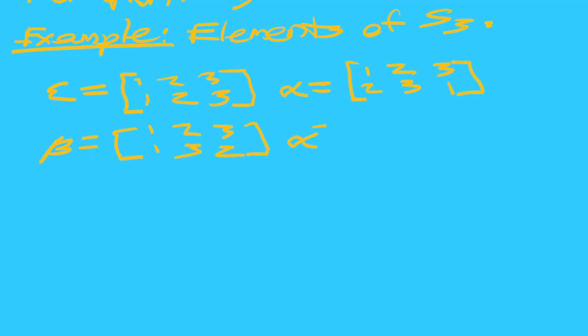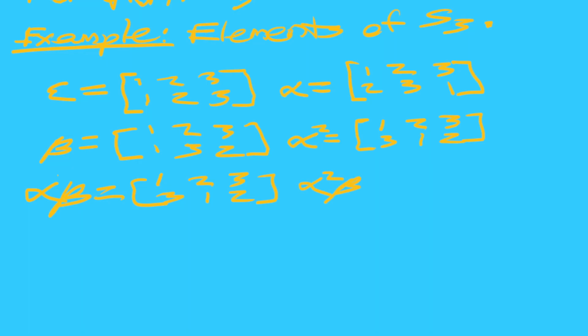And then we also have alpha squared, and then we have alpha beta, 1, 3, 2. And we also have alpha squared beta, which is 1, 3, 2, 1, 3, 1.